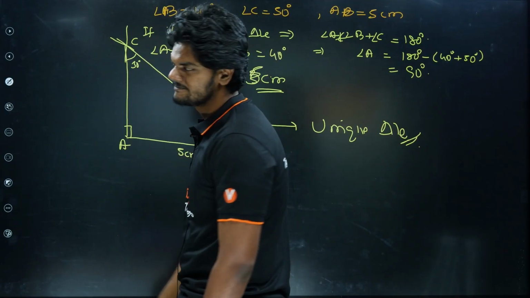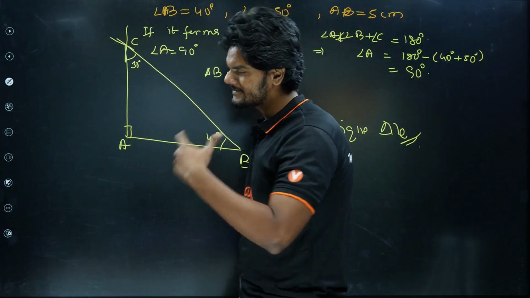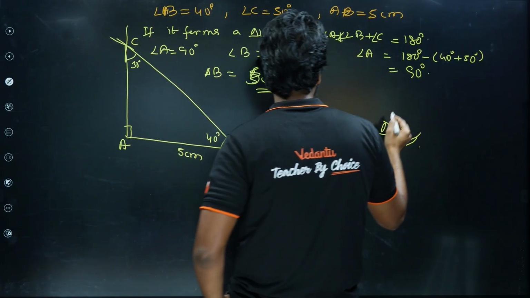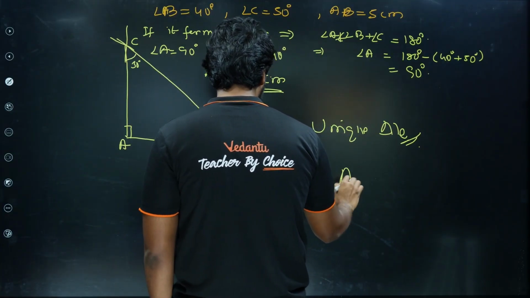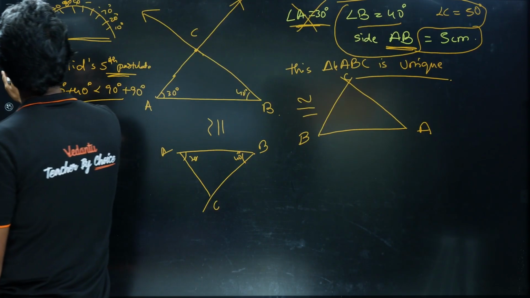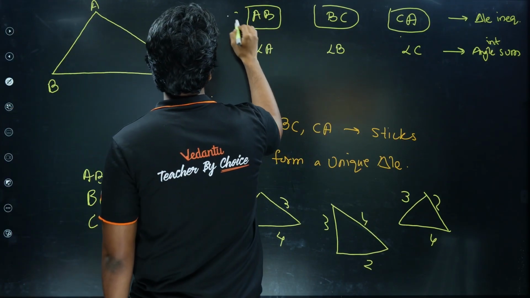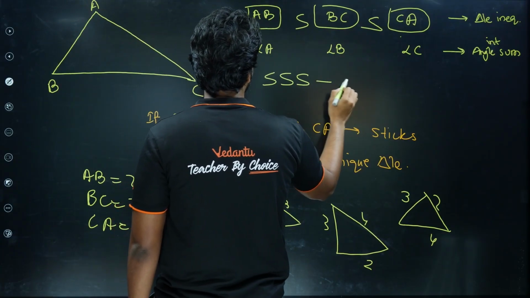Is that understood? So what we did so far can be called ASA. In fact, I didn't name it first, but the first one which we did with all three sides, this is SSS. So we did SSS construction.